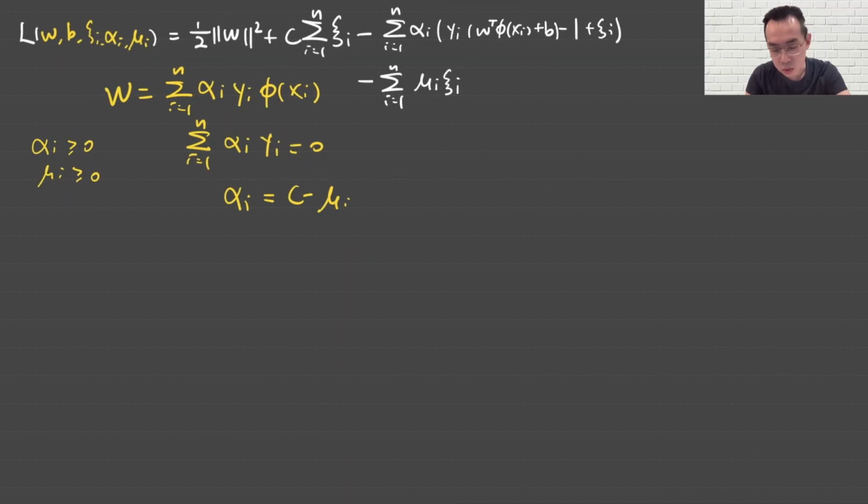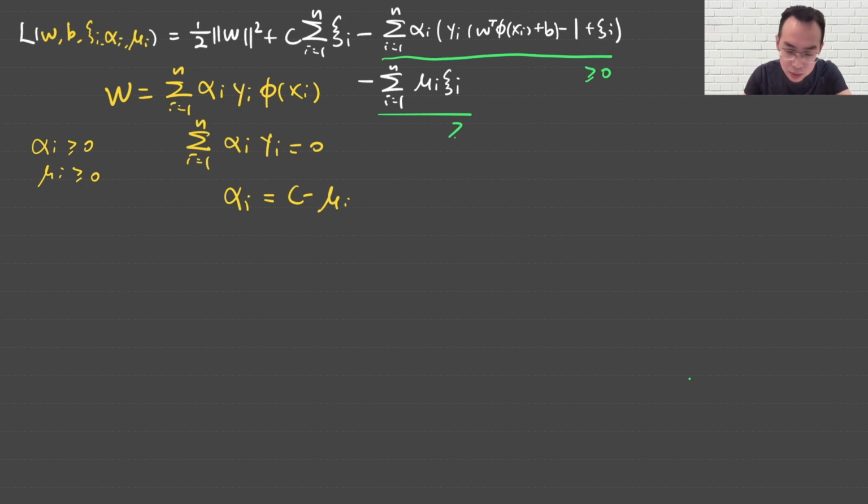Okay, now let's take a closer look at our Lagrangian and think about how we can interpret the dual problem for the SVM, right? So a very nice way to think about it is that the Lagrangian is a penalized primal problem. What I mean by that is that when we add the constraint into the problem, these two terms are both greater or equal to zero, right?